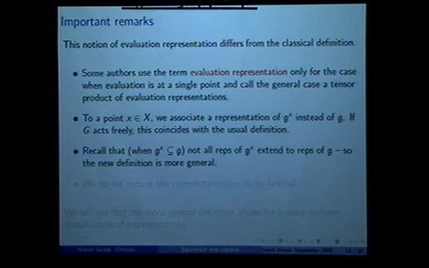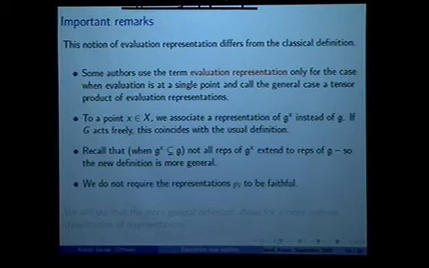So, right, the reason this is a generalization of the classical definition of evaluation representation is really this key idea, right? That if a point has non-trivial stabilizer, then the Lie algebra fixed by that stabilizer could be a proper subalgebra of G. And so not all representations of Gx extend to representations of G. So we have more choice in what representations we can put at these points in this definition.